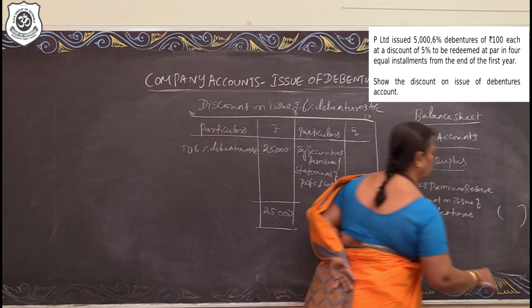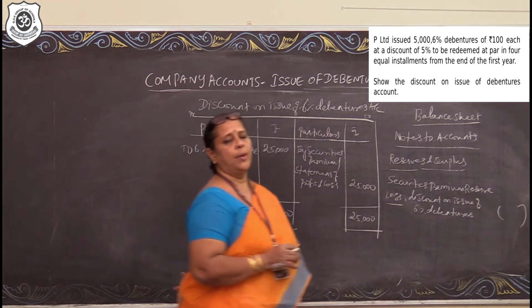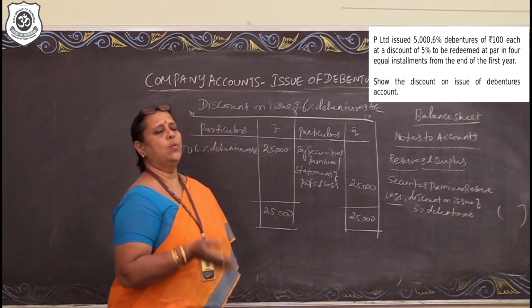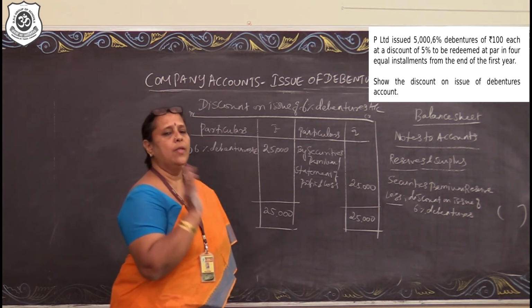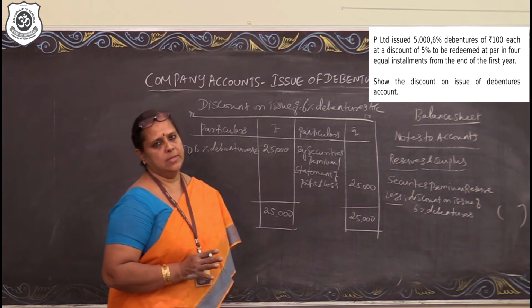That's all. It will be shown as a deduction from securities premium reserve or any accumulated reserve which is there in the reserves and surplus.